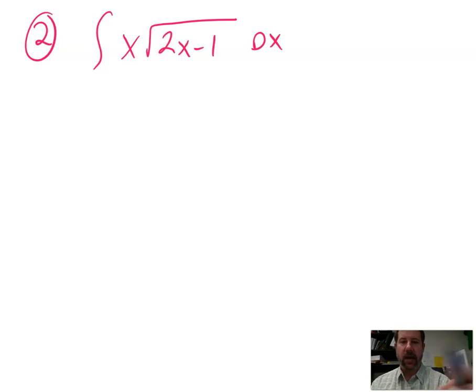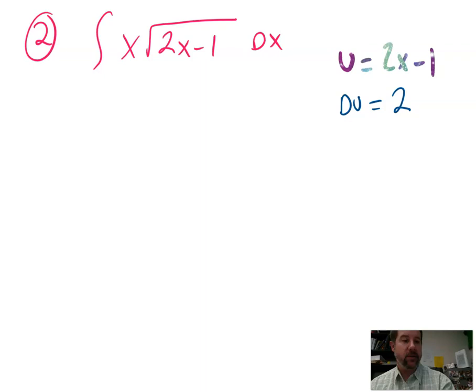So we're going to start. Let's say that u is 2x minus 1. Whoa, that's a freaky pen. I don't know if I like that pen. Then if I take the derivative, du is 2 dx.